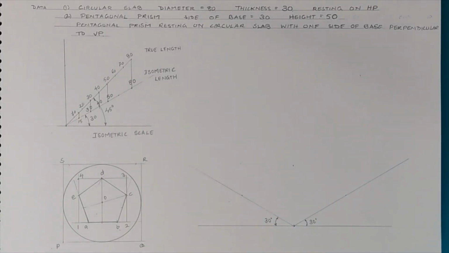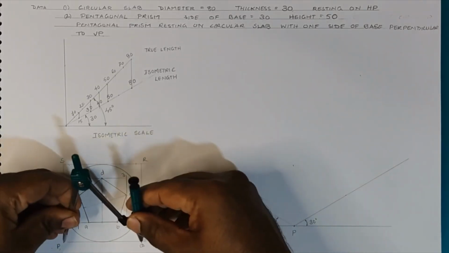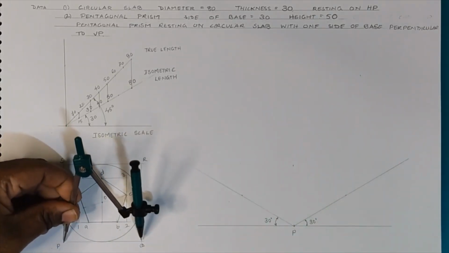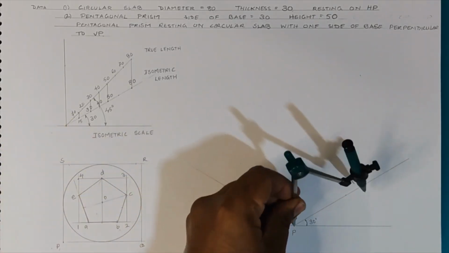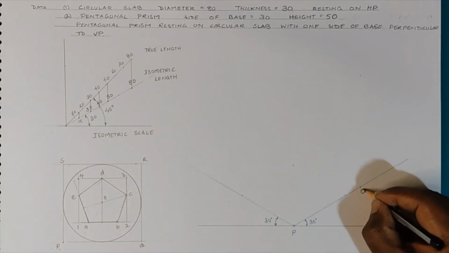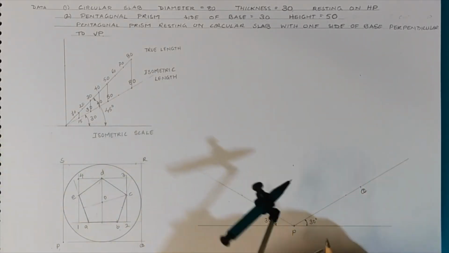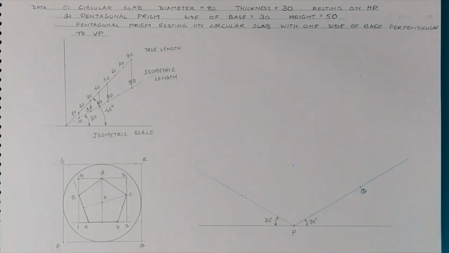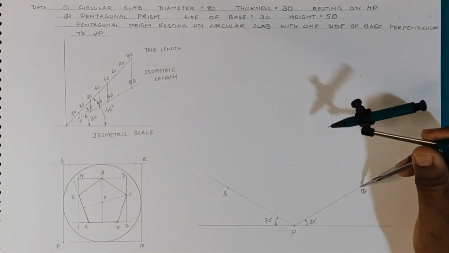Now I'll be taking distances from the reference figure, P to Q, and with P as center, mark it on one of the isometric axes. Similarly, from P, I take distance up to S and mark it on the other axis.